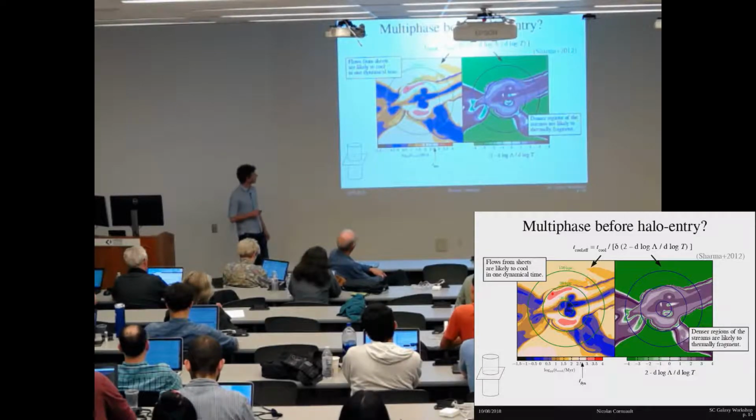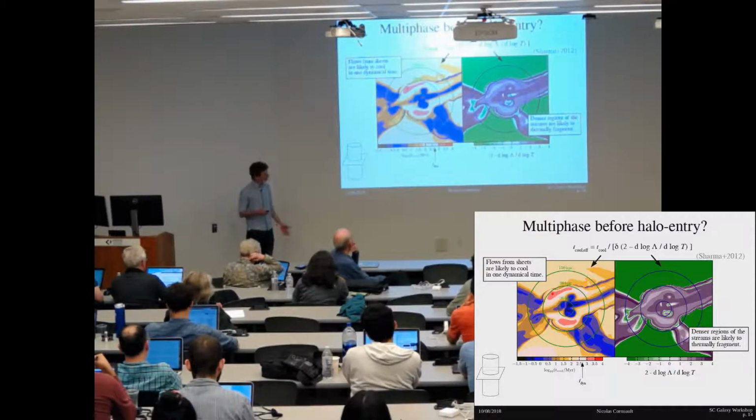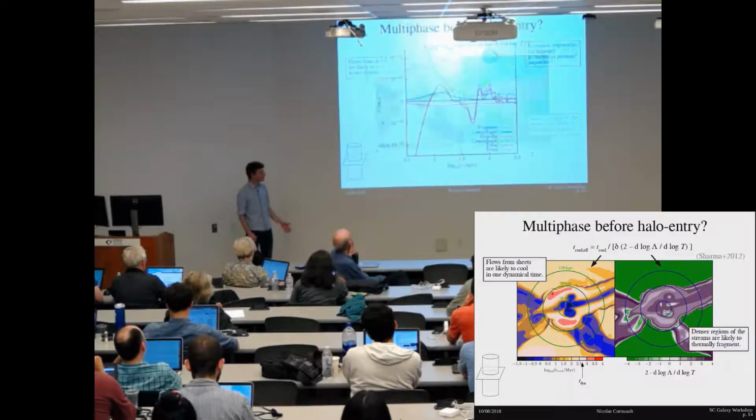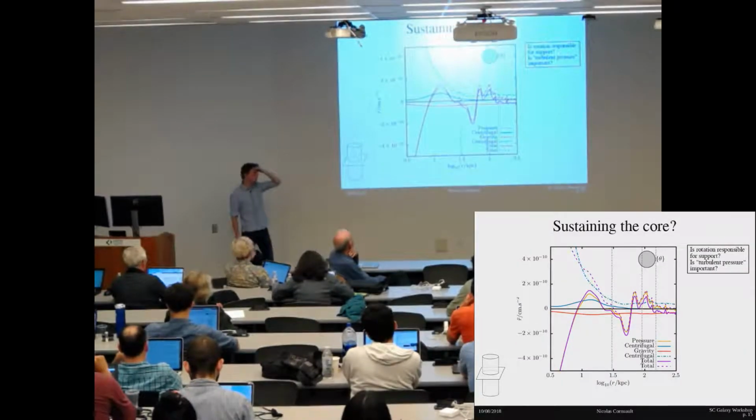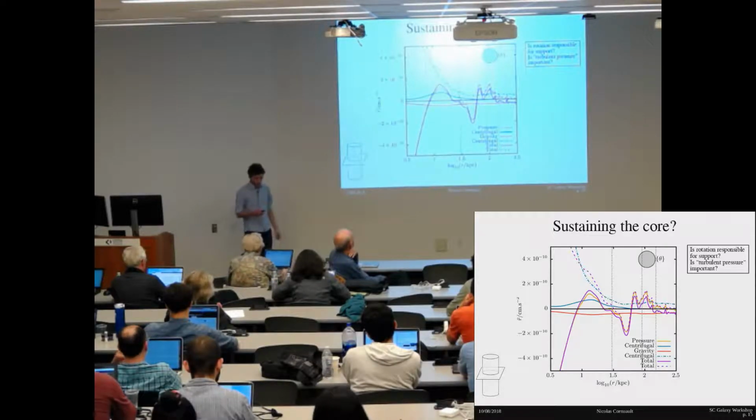When we combine those two pictures, we understand that where the cooling time is short enough and the second term big enough, the medium should become multiphase. Again, because of the limited resolution, it won't happen, but it should. So in fact, the filaments, even before entering the halo, should be highly turbulent and multiphase.